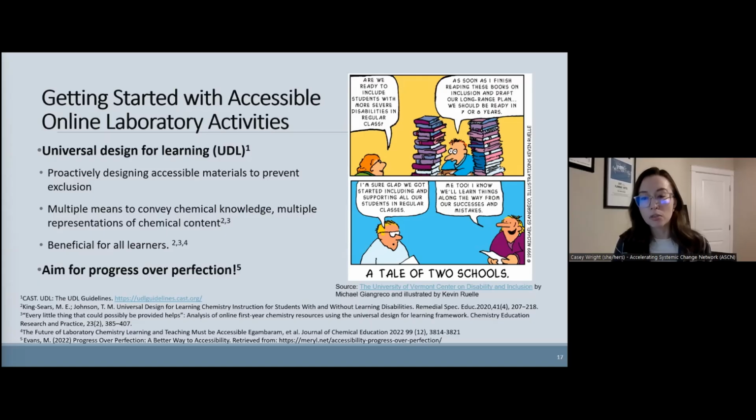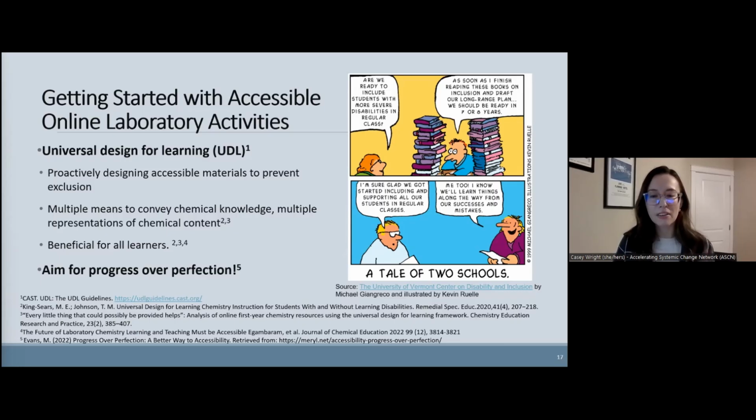UDL encourages multiple means of engagement for students, so it really helps instructors to take responsibility for designing those accessible online labs so that students can convey their chemical knowledge and represent chemical content in multiple ways. And again, the research really backs us up that this is beneficial for all learners.